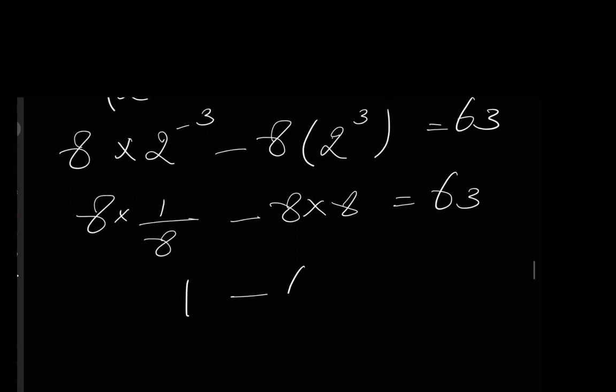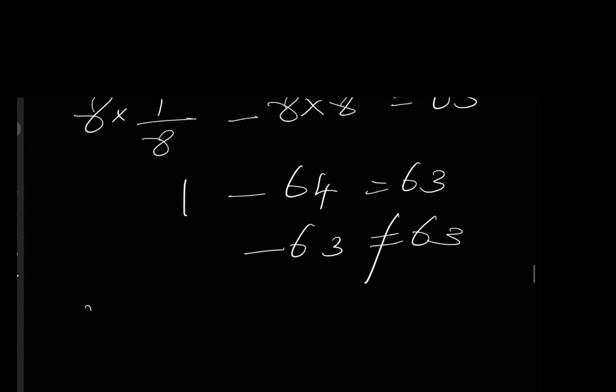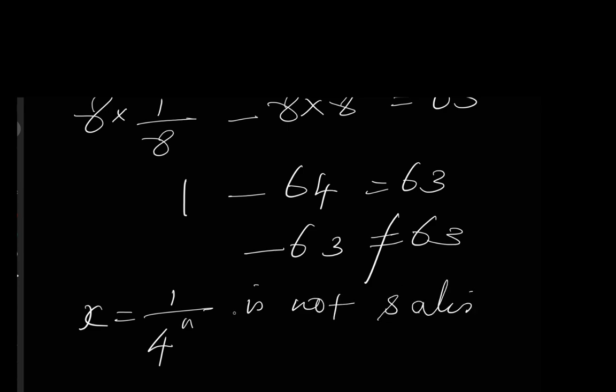So 1 minus 64 is equal to 63. Minus 63 is equal to 63. It's not possible. Therefore, x equal to 1 by 4 power n does not satisfy the equation. So it is not the root.